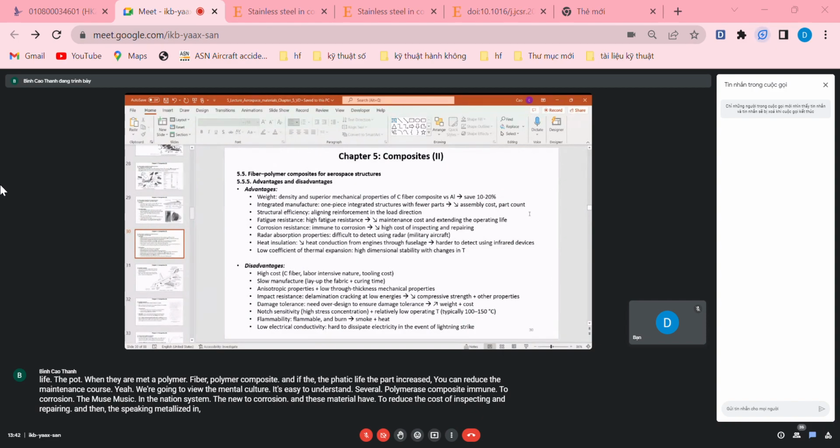And generally speaking, metals like steel are susceptible to corrosion, and for this type of metallic material, we have to inspect and be ready for repairing more frequently. Yes, and this accounts for a certain amount of cost.